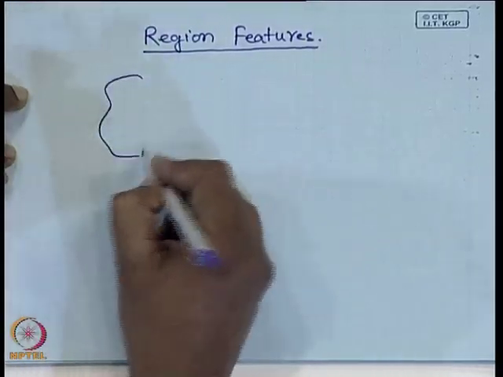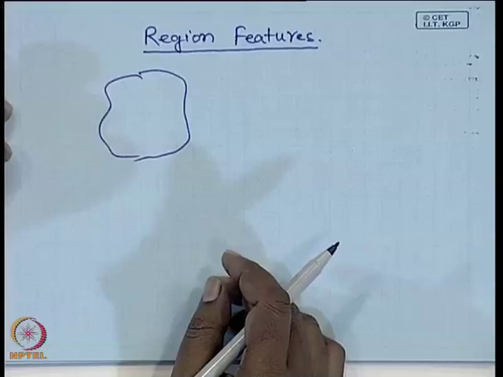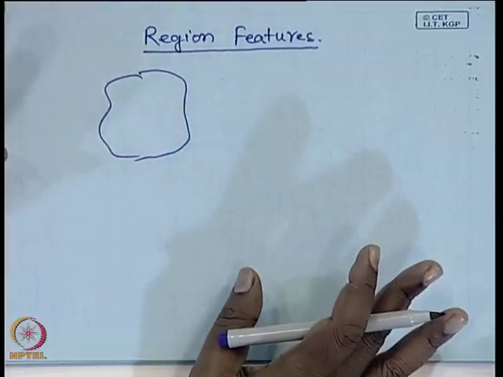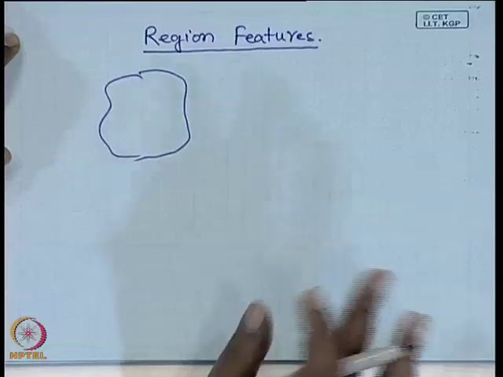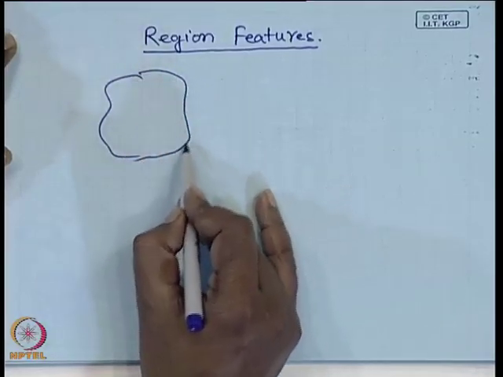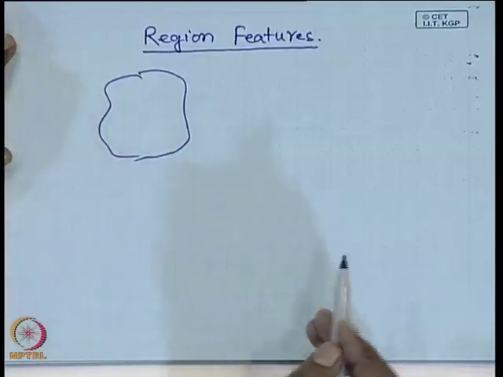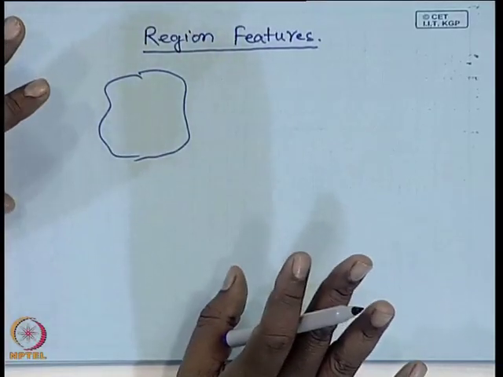Suppose I have a closed boundary something like this. So far, the descriptors that we have discussed are based on the boundary information. That means they make use of only the information given by the boundary. I have not made use of any information which is there inside.